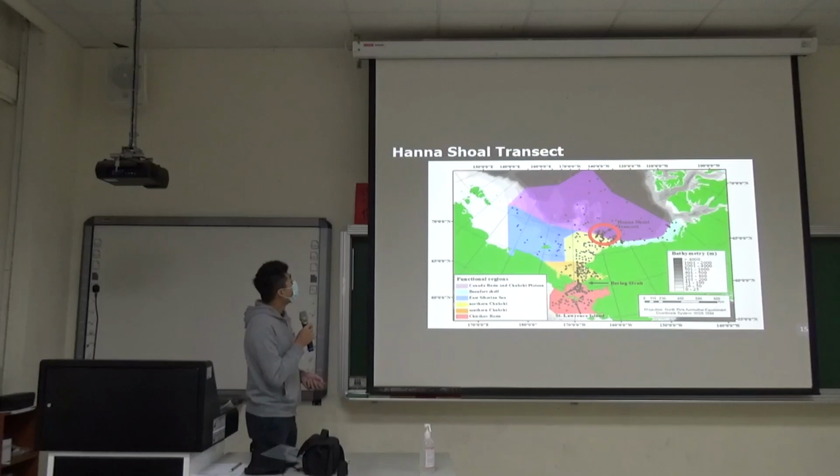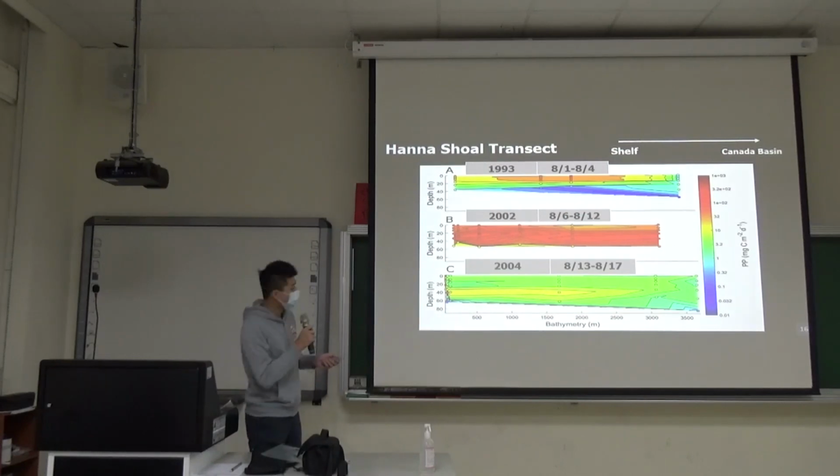And the Hallahashio sections is in this place, and we have collected the data from 1993, 2002, and 2004. Y zone is depth, X zone is the distance from shelves to Canadian basins.